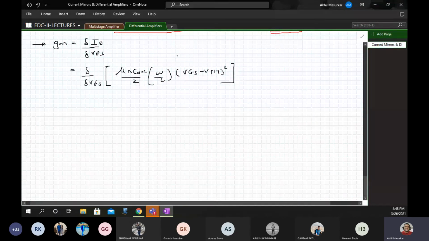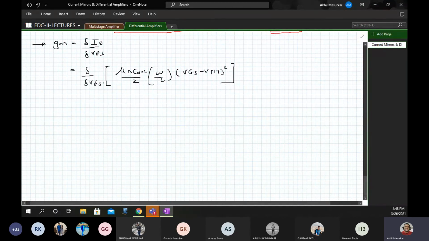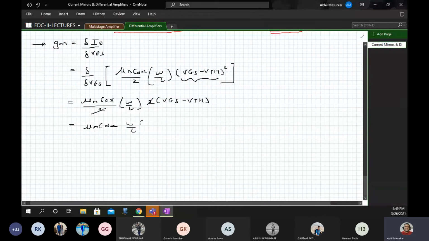This is the saturation current equation. There is only one term which depends on VGS, and if you take the derivative, you get mu n COX by 2 W by L times 2 into (VGS minus VTH). The 2 cancels out, and finally we get GM equal to mu n COX W by L into (VGS minus VTH).